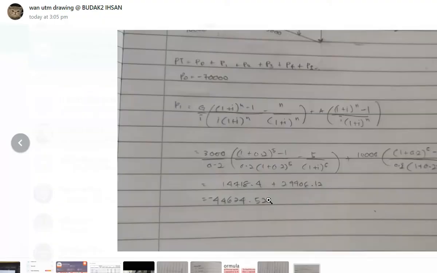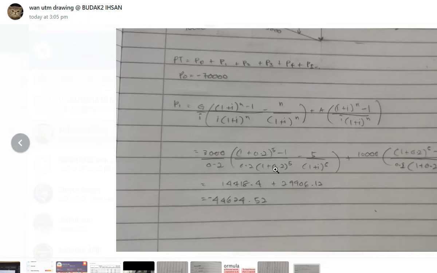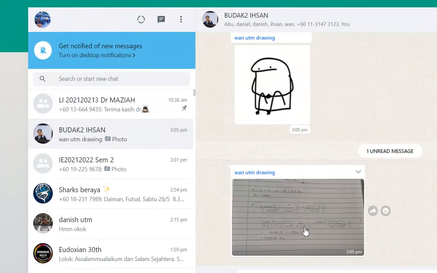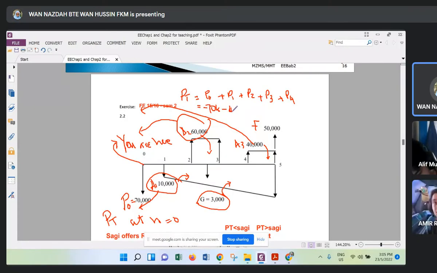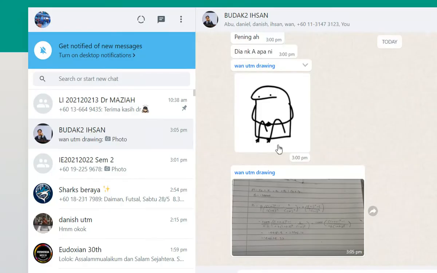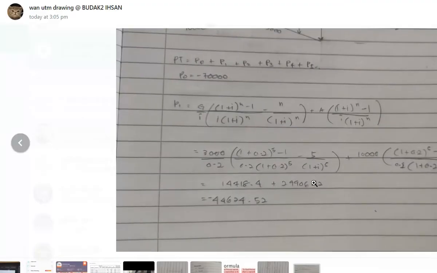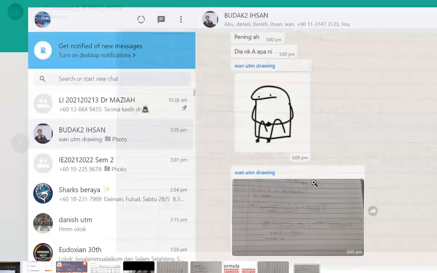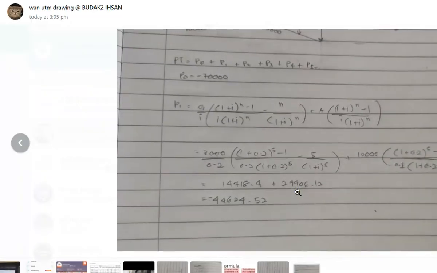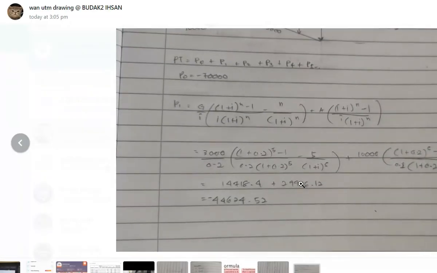Yes, mine is... yours is 44,624. Lebih kurang lah. Mine is 44,678. Oh, apa yang kira A sebagai tadi? Boleh lah, as long as number 6 ni correct, so correct lah.